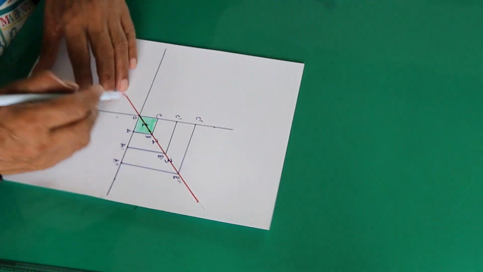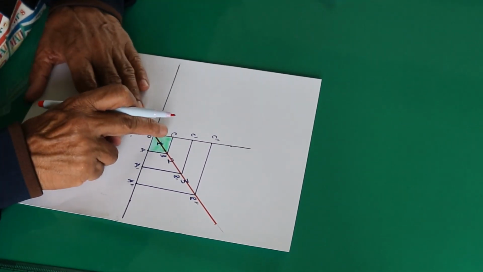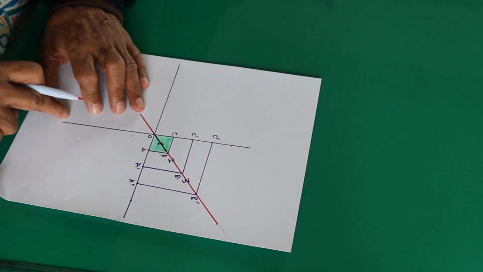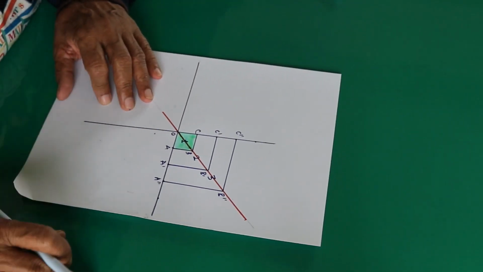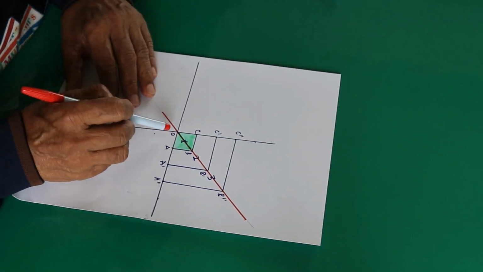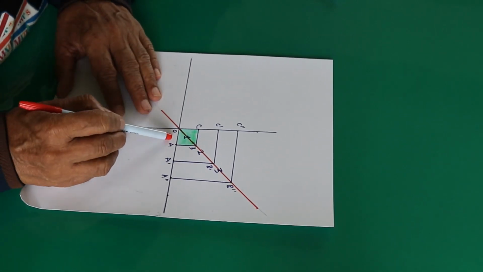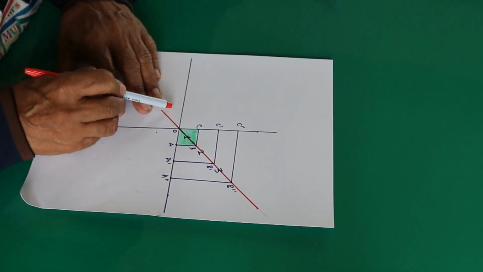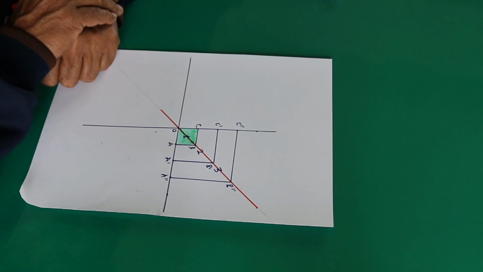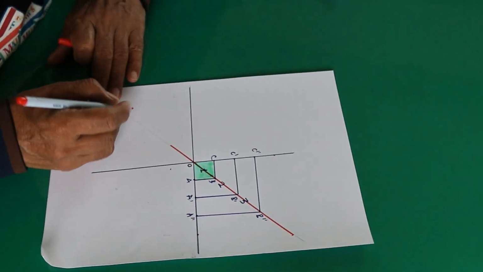And here the vertices C, C' and C'' also lie on the same line. So what does it mean? It means that in enlargement, the object and image lie on the same line that passes through the center of enlargement. Let me write that conclusion over here.